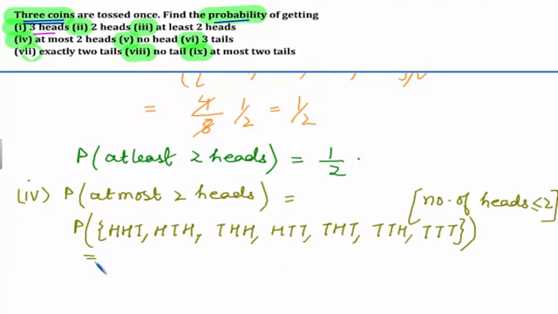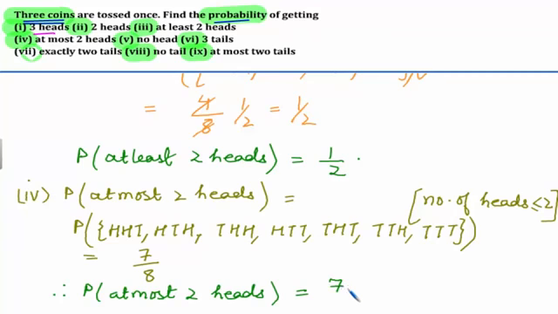So the number of favorable outcomes in this case is 7 and the total number of outcomes is 8. Therefore, the probability that at most 2 heads is given by 7 upon 8. This completes the fourth part.